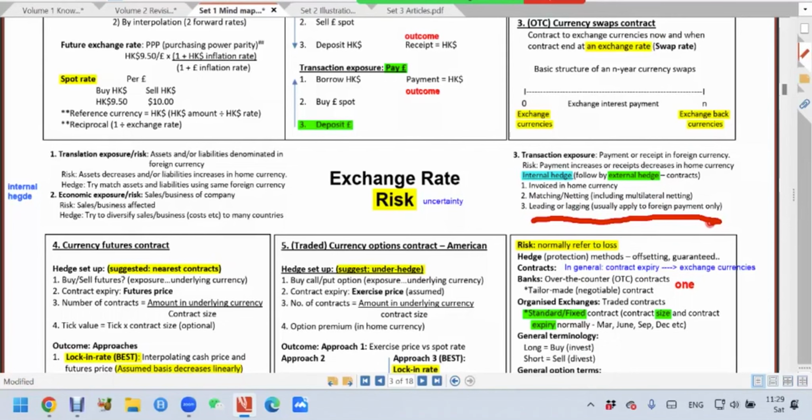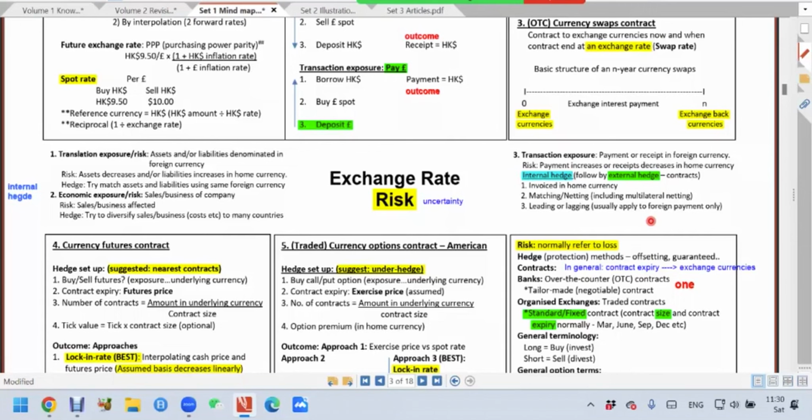Say you are due to pay in three months: you can pay in one month, that's called leading, or you can pay in four months, that is lagging. Why do you want to pay earlier? Because you think that if you pay later, you pay more. Better you pay now, or in one month. Not only do you pay less, you may also get a cash discount.